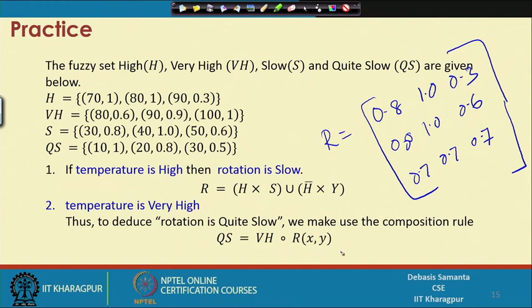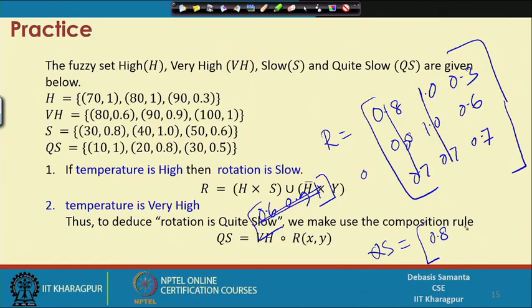So, we can use this formula, VH composition R(x, y). Basically, VH is this one, so we can write 0.6, 0.9 and then 1. Again the max-min rule can be applied, and then Q S can be obtained: this and this will give the first element, 0.8, then this and this we can obtain 0.9, and this we can obtain 0.7.